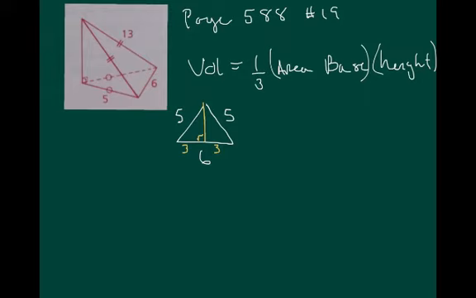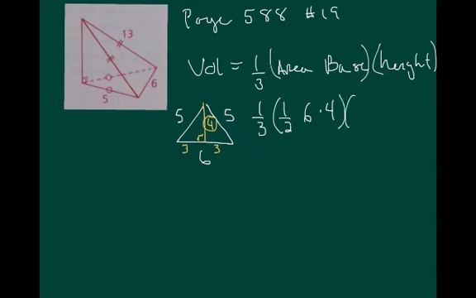And now it looks like we have a 3, 4, 5 triangle. So the height of the triangular base is 4. So to find the area of the triangular base, it's just going to be 1/2 the isosceles triangle's base, 6, times the isosceles triangle's height of 4. So that's the area of my base.